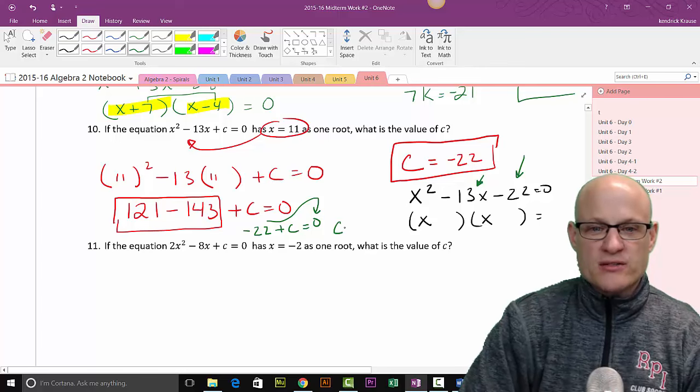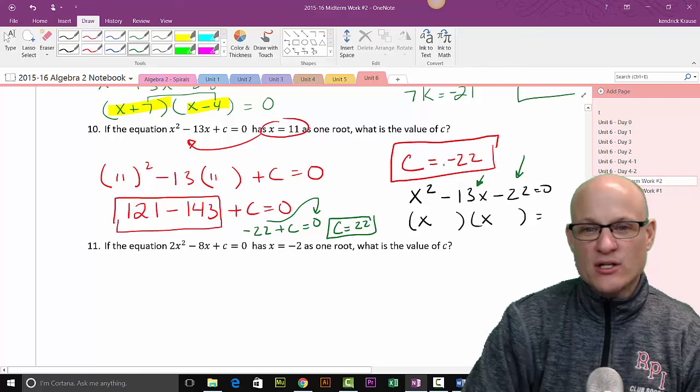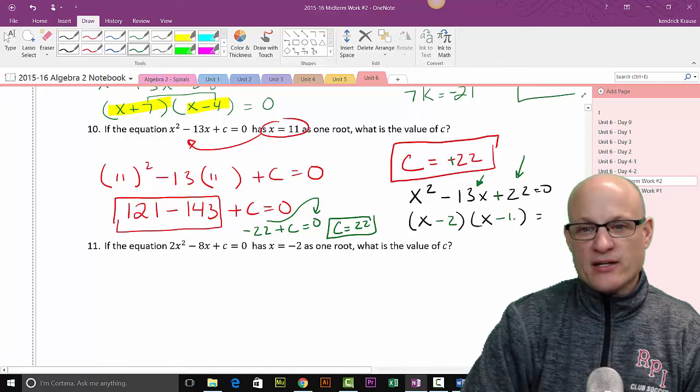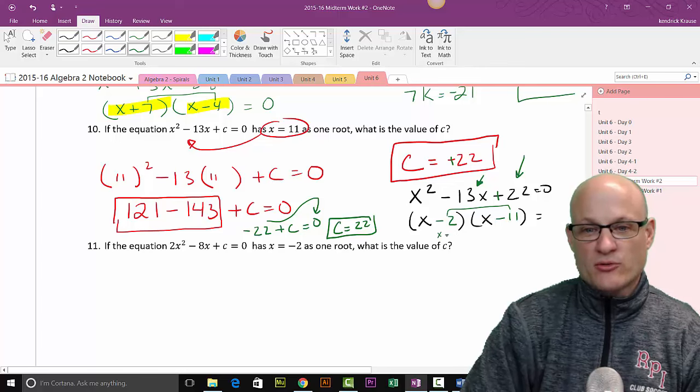And I go, oh, c is really equal to positive 22. Oh, positive 22. And if I'm doing that, I'm saying, oh, then that's minus 2 and minus 11. Right? Because negative 2 times negative 11 is positive 22, and those add up to 13. So my two roots are x equals 2 and x equals 11.